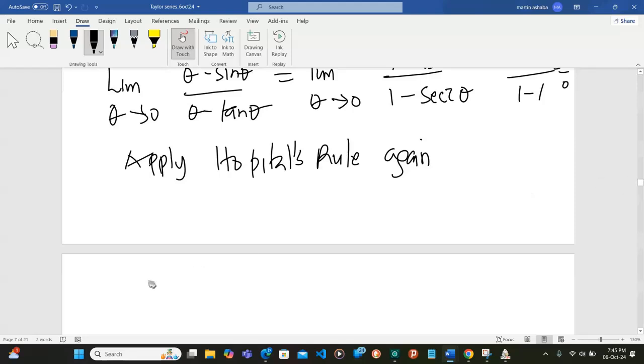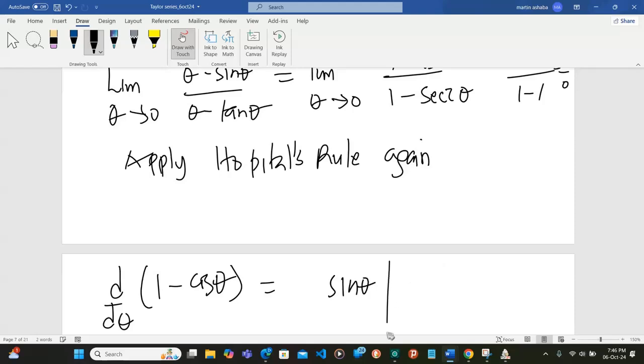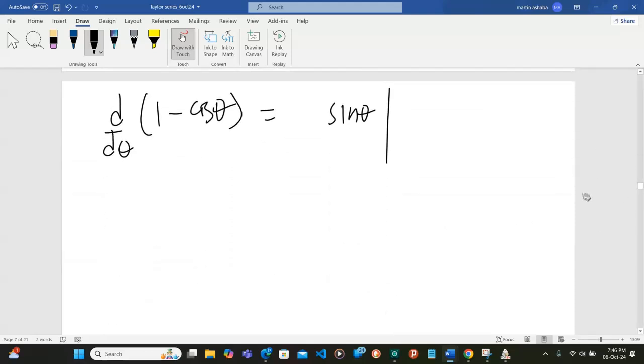So we are going to look at d by d theta of 1 minus cos theta. This becomes sine theta. So we also look for d by d theta of 1 minus sec squared theta. When I differentiate this, I'll get 2 tan theta sec squared theta.